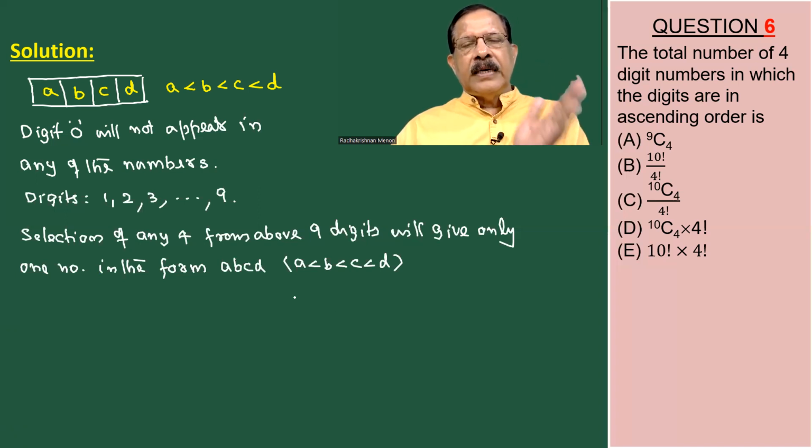Smaller number first, then the second number which is greater than that, etc., etc. So one selection, one number.